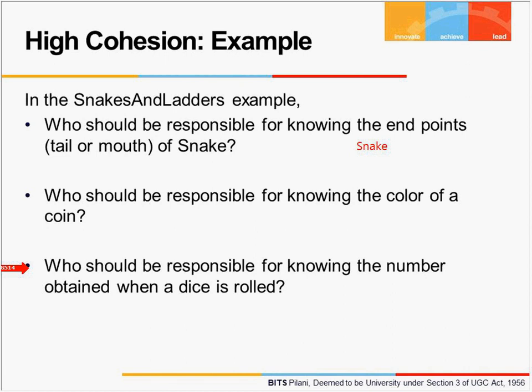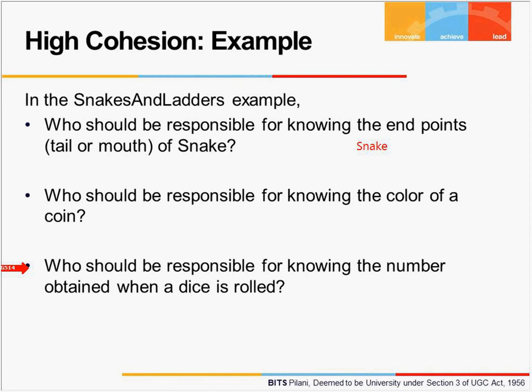To my question, who should be responsible for knowing or storing the number obtained when a dice is rolled? The answer is the dice itself, right? The dice will roll, it will generate a number, and it will return that number to whoever invoked the roll. If you see dice as a standalone concept, the moment you roll a dice, the dice shows you a number.